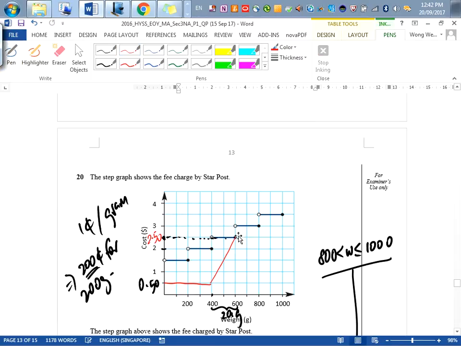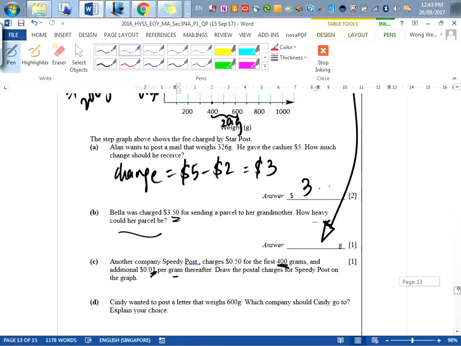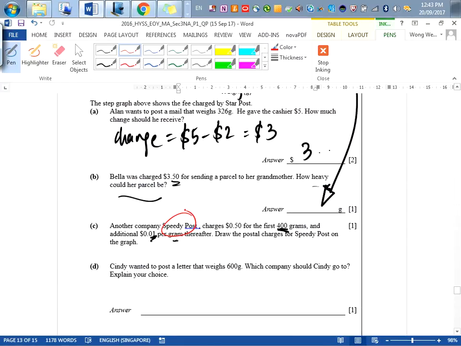So from $2.50 all the way until $4.50. $4.50 is over here. Okay, one straight line, diagonal. This is the cost for speedy post.